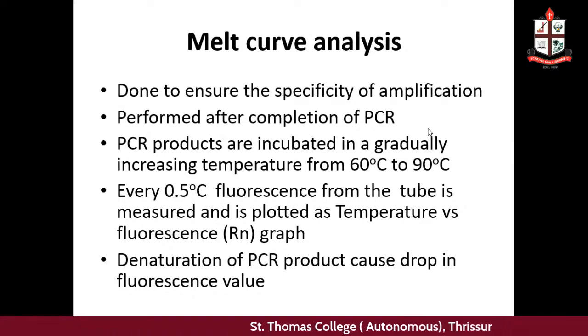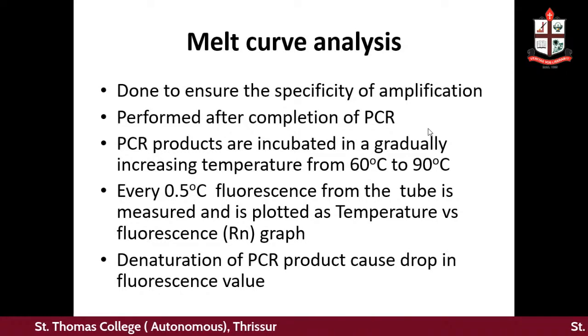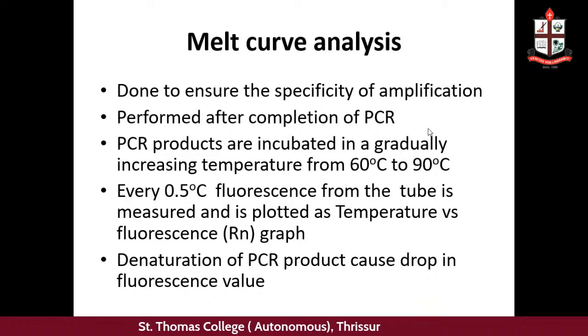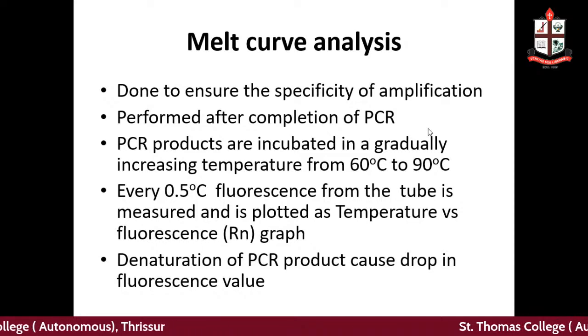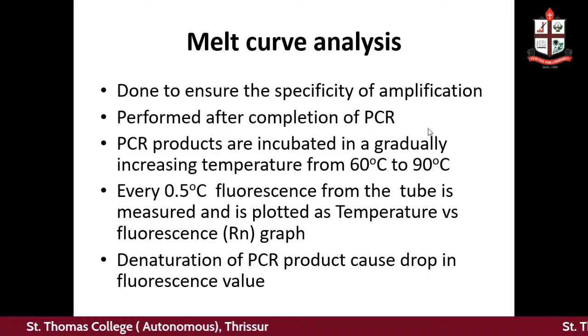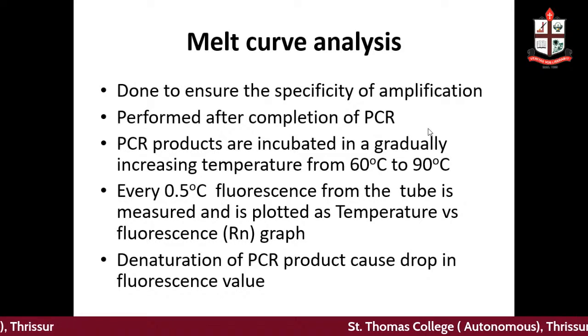The temperature is increased in an incremental fashion: at 60 degrees Celsius the fluorescence is taken, then the temperature is increased to 60.5, again fluorescence is taken, then to 61, like that. In a 0.5 degrees Celsius increment, the temperature is increased, and at each of these temperatures the fluorescent values are taken.